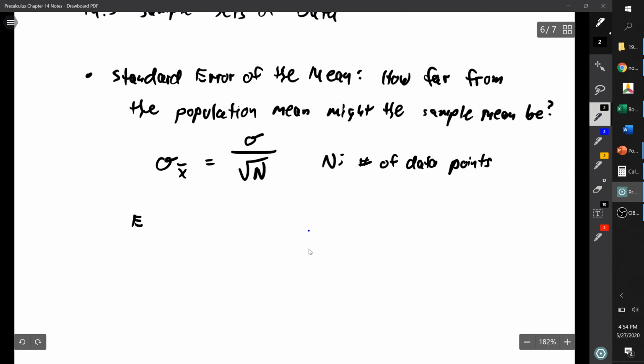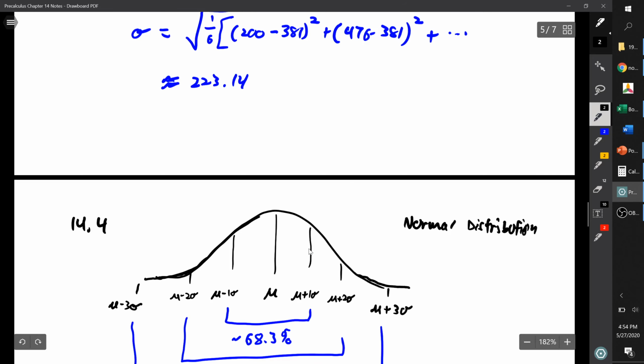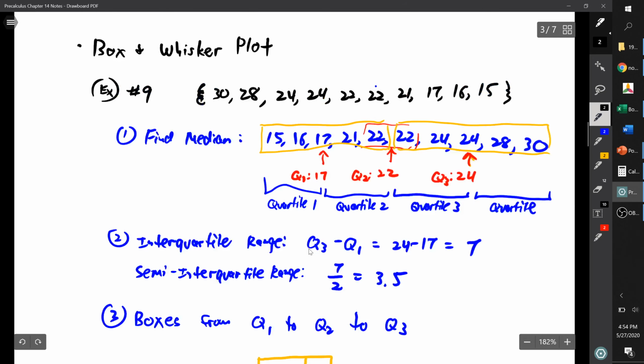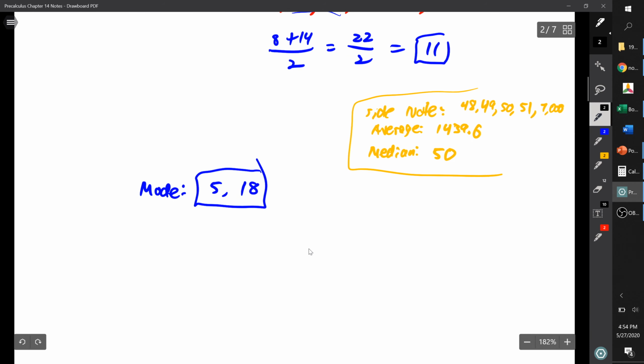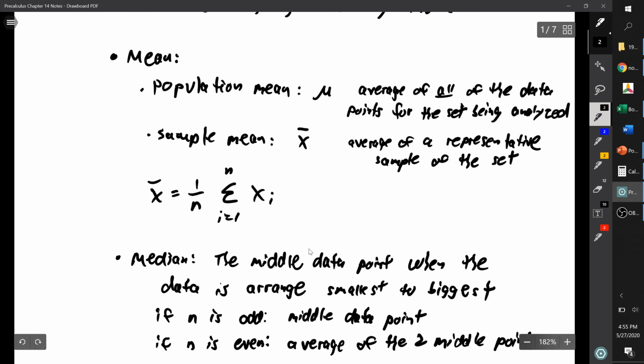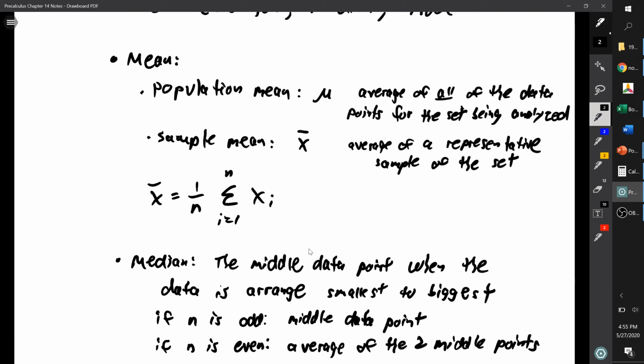So an example of this would be like, let's say we know that x bar. Again, x bar is a sample mean.